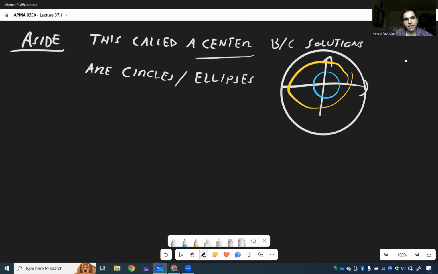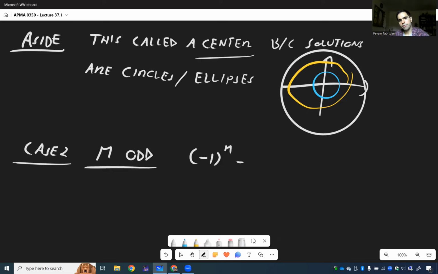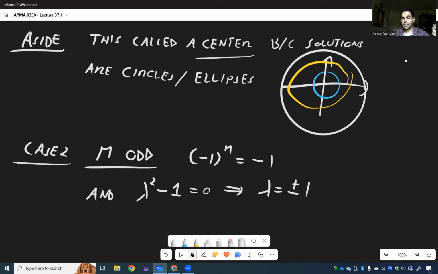The other case, if m is odd, then minus 1 to the m is minus 1, think minus 1 cubed. And what we get is lambda squared minus 1 equals 0, and so we get lambda is plus or minus 1. Since it's mixed sign, this is called a saddle.